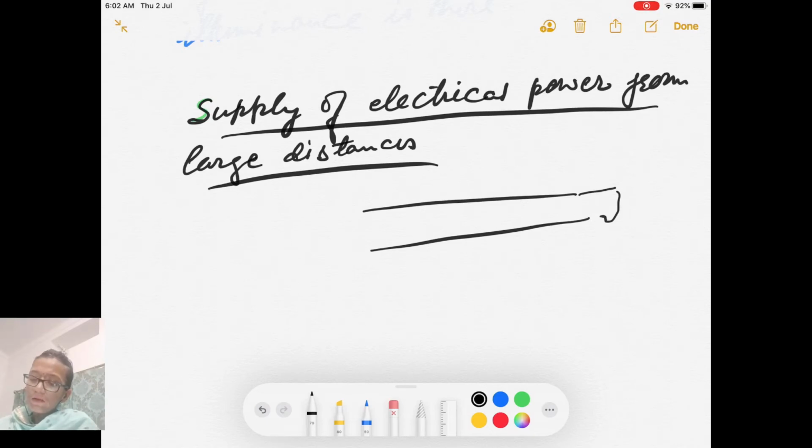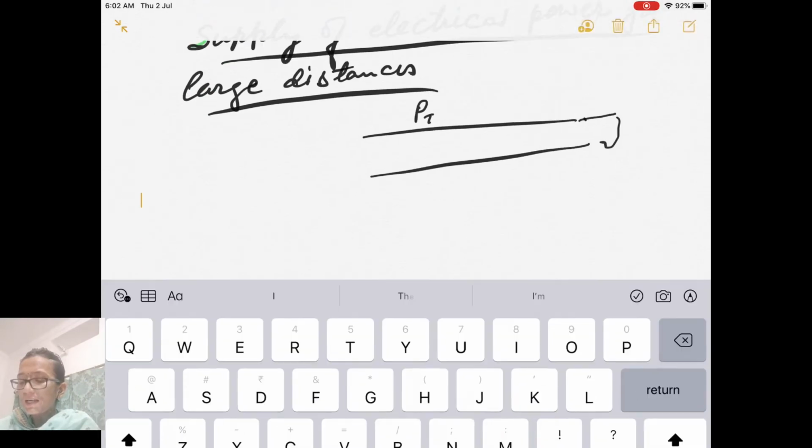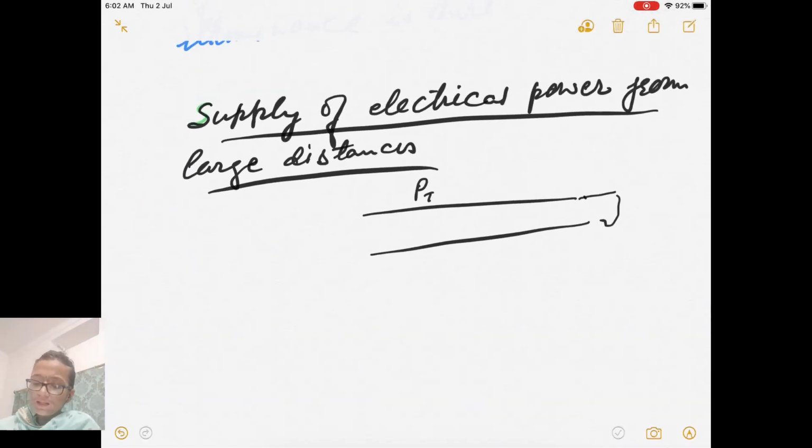So we need to reduce the power loss in the path itself. So power consumed by the transmission line will be, if PT, then this PT will be equal to I square, and if resistance of the transmission line is RT, then PT will be equal to I square RT.